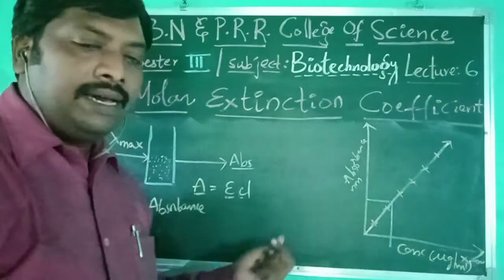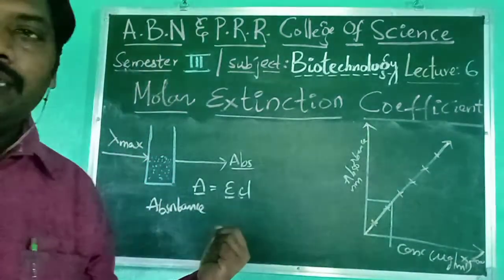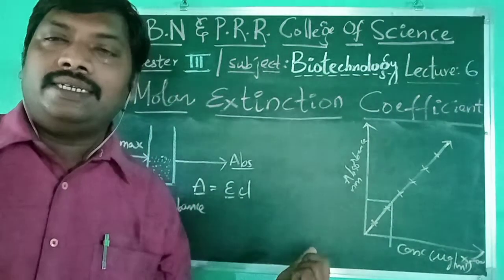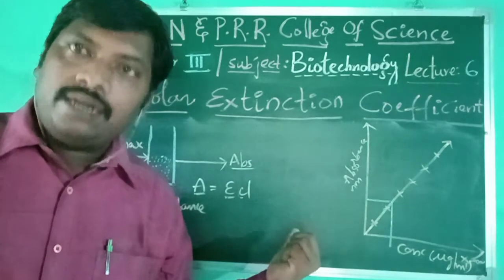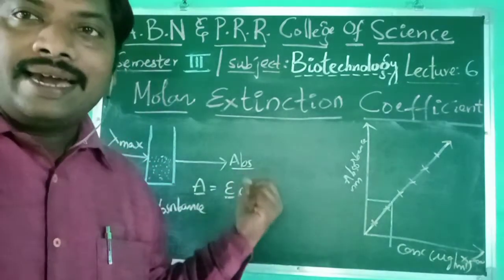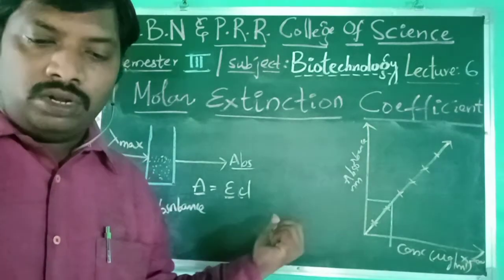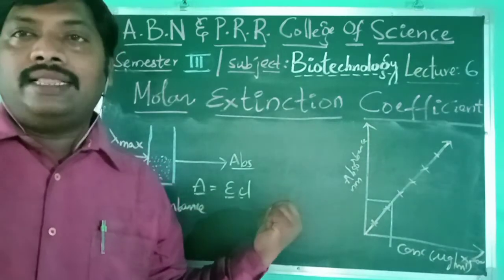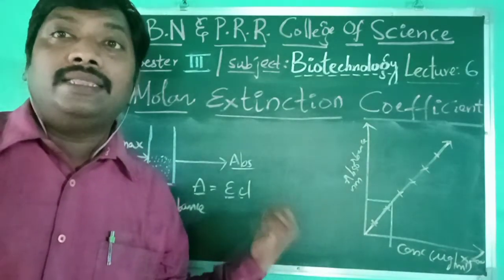C is the concentration in the particular given unknown solution. And L is the path length.